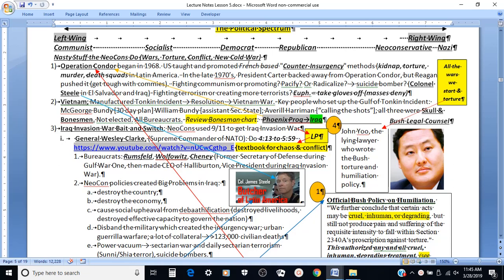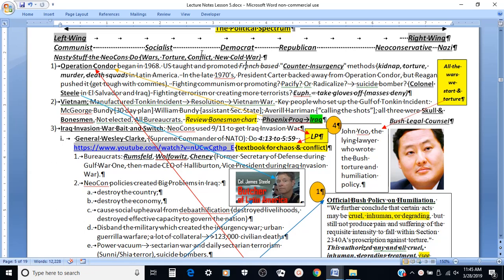All right. So the first thing I want to talk about is an operation called Operation Condor. It was a counterinsurgency operation that was taught by U.S. special forces, for example, in the School of the Americas in Fort Benning, Georgia, and also in mobile training teams that went out in country.